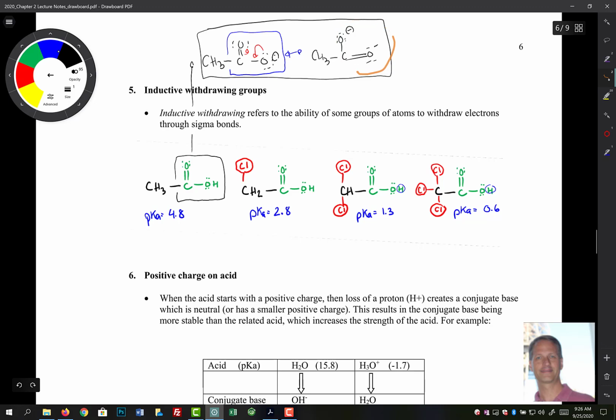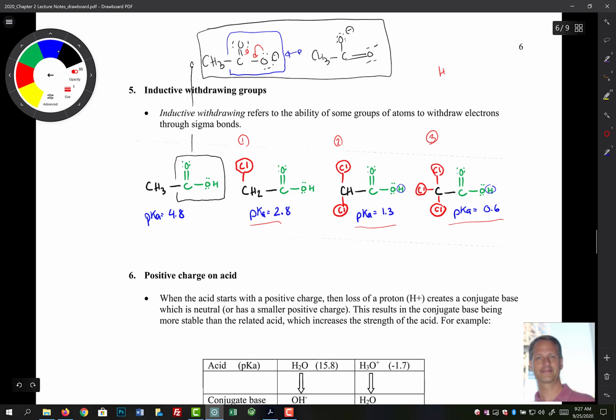So you can see the trend as we go from 1 chlorine here to 2 chlorines to 3 chlorines, that our pKa goes down, and that parallels acid strength. So more halogens, we are more acidic there. Now, again, those halogens are not bound directly to the atom that's being lost.